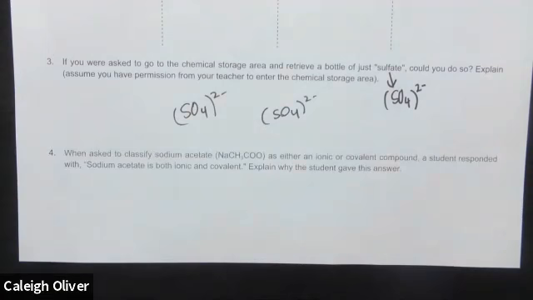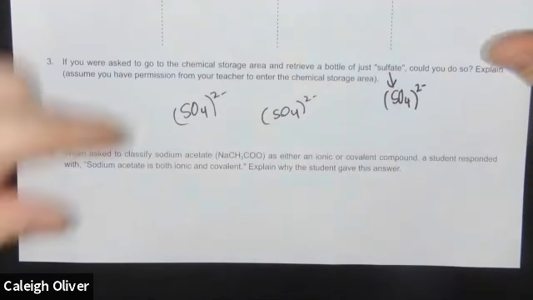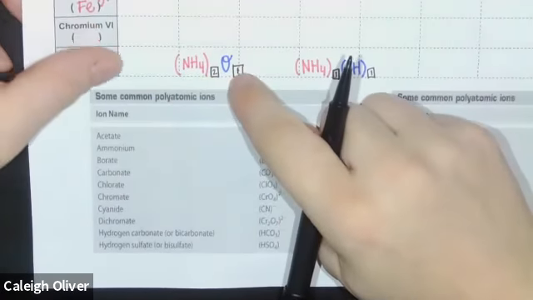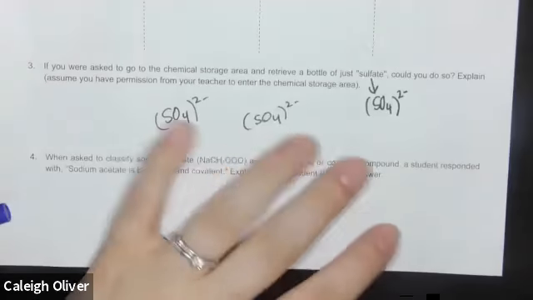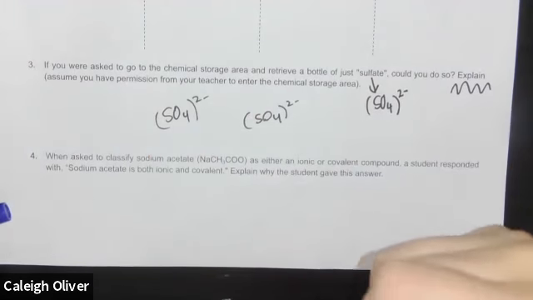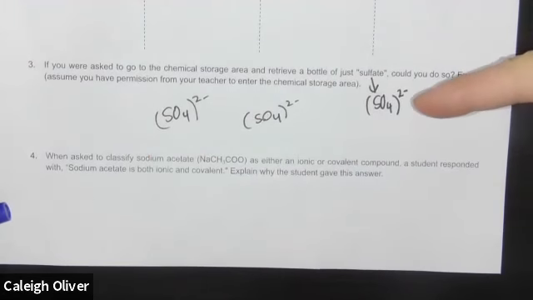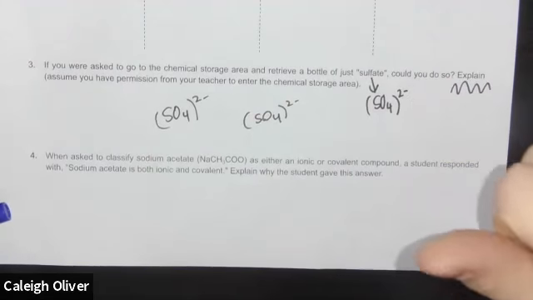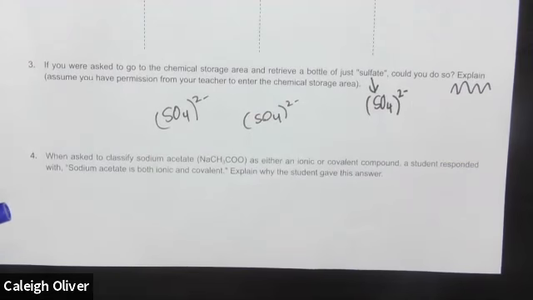No. And the answer would be no. You'd have to get something else with it. All of these are combined together. You have to have 1 positive, 1 negative. So your answer should say something in your explanation like, no, you can't just have a bottle of all negatives or all anions. You'd have to get calcium sulfate or sodium sulfate. Something else positive would have to go with it.